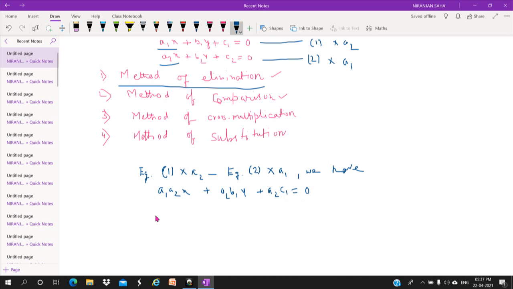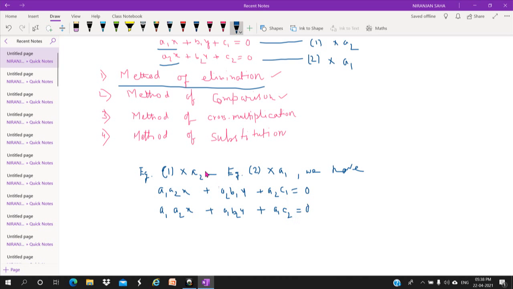And the second equation will be a1 a2 x plus a1 b2 y plus a1 c2 is equal to 0.